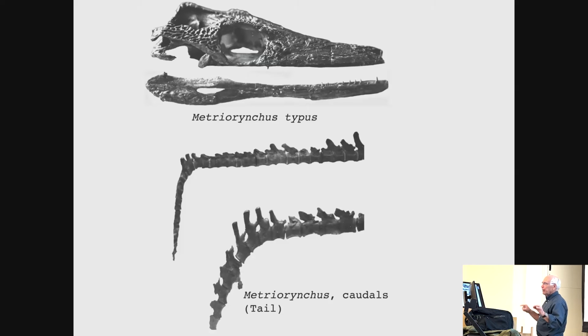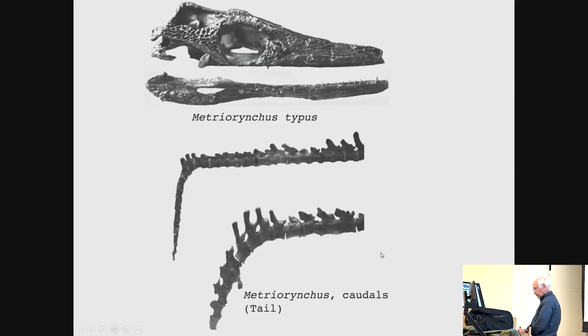Some of the earlier Metriorhynchids, I think, probably could walk on land. But as they developed, they had paddles for feet and they swam around fairly efficiently in shallow waters. So we have a record of those from the Middle Jurassic as well, just in one area in Oregon, not widespread, in one period of time.